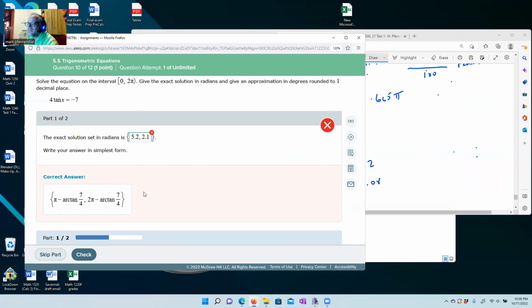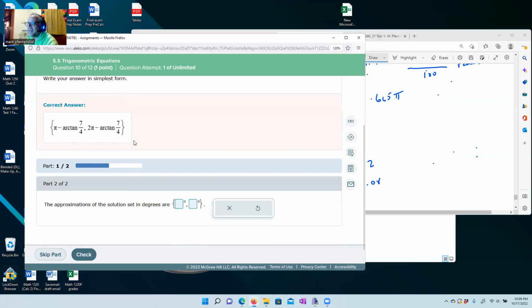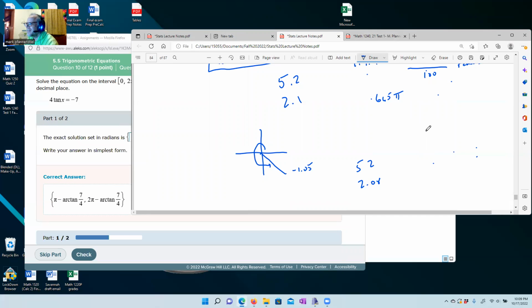Well, they wanted the exact solution. So that's effectively what we did. That's a little sneaky. Approximation for the solution sets of degrees are. Guess we could check these guys over here.